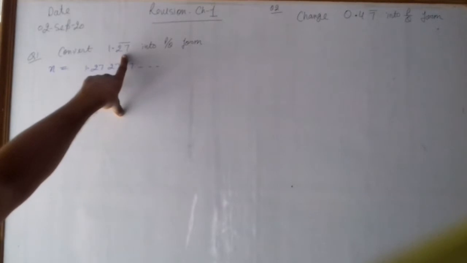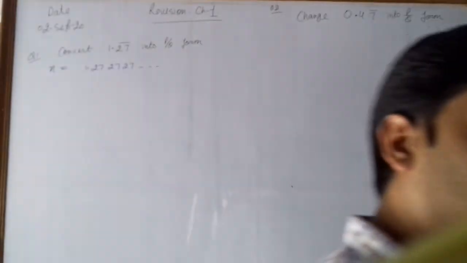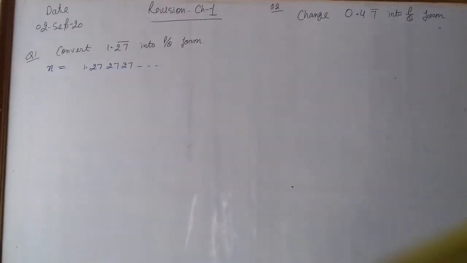If one digit is repeating, then we have to multiply by 10. If three digits are repeating, then we have to multiply by 1000. As many digits, that many zeros. One digit for 10, two digits for 100, three digits for 1000. So here two digits are there.